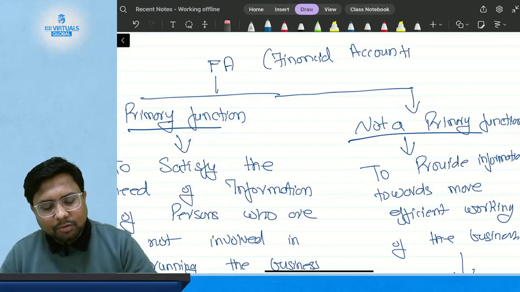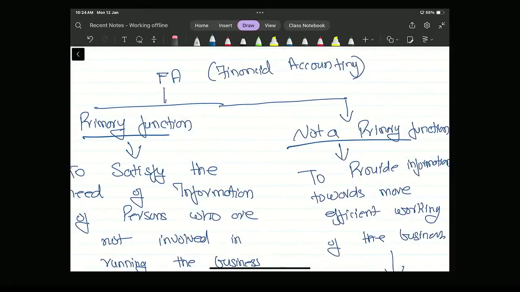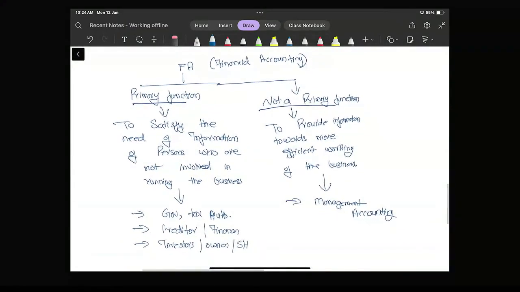I am again going to put the screen on full screen mode so that you can read it once. I am also going to provide these board notes in your app or in Telegram, so you can download them from there also.